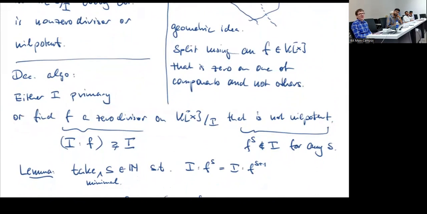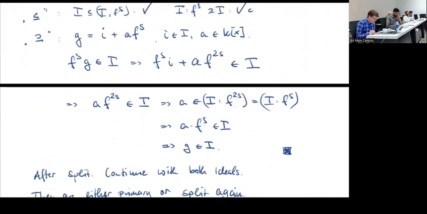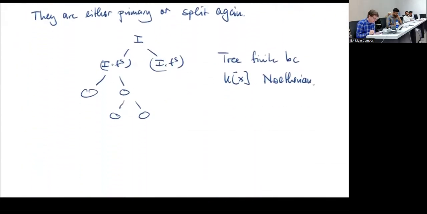Here on the paper, I can just say, okay, you do this, but in reality, all the problem is in this. Testing if something is primary or finding the splitting element is complicated.